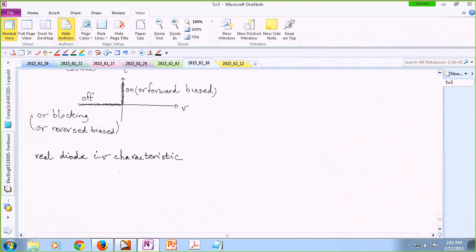Okay, so if the diode is conducting some positive current, there is a little bit of a voltage drop on the diode, which is called the forward voltage.